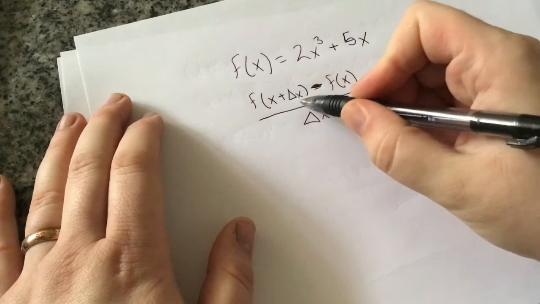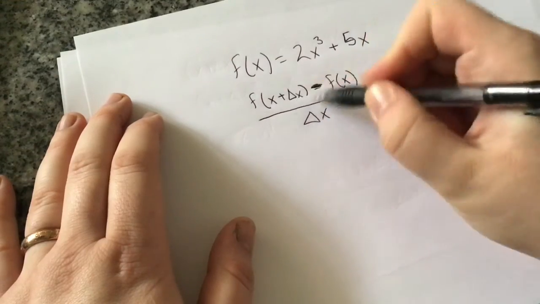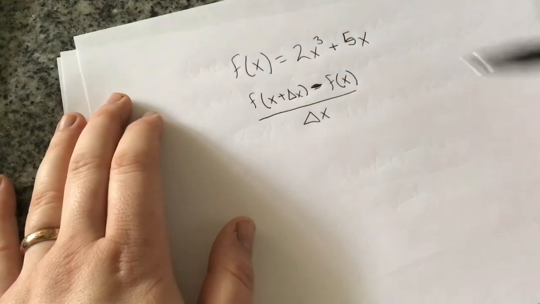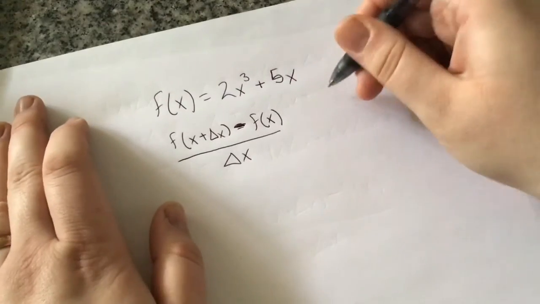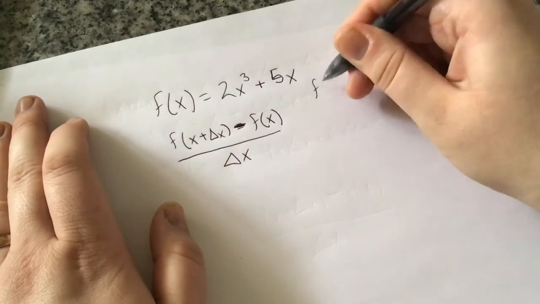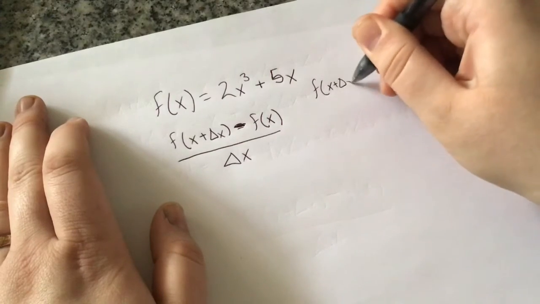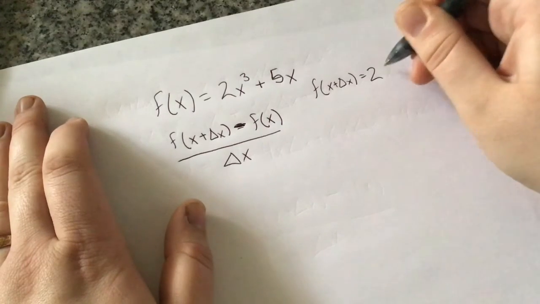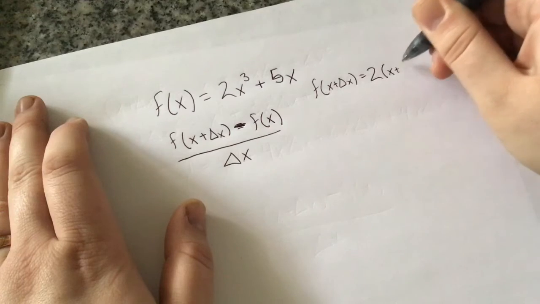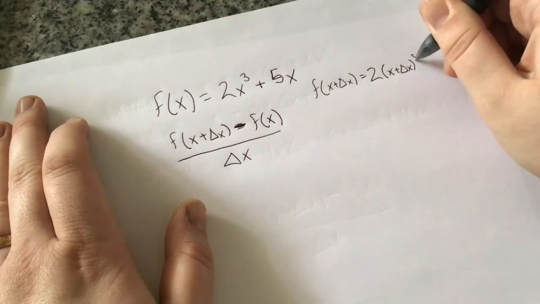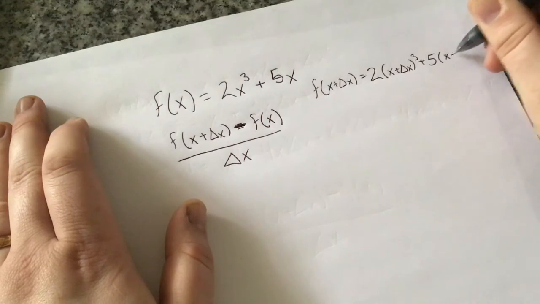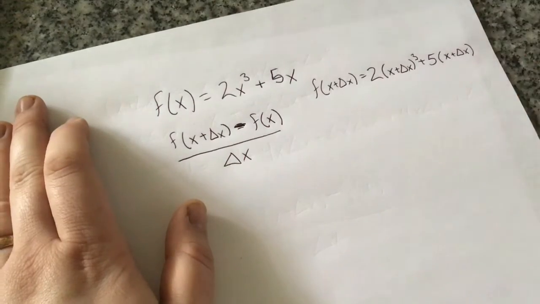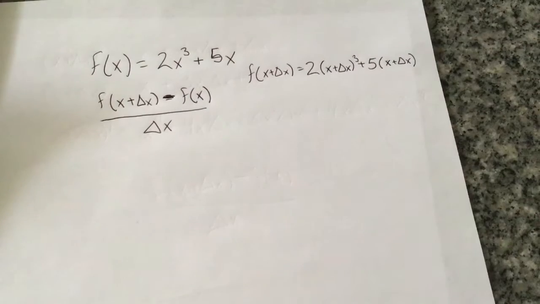I am going to begin by plugging in x plus delta x for x. That means my function is going to look something like this. f of x plus delta x would be 2 times x plus delta x to the third plus 5 times x plus delta x. That's what this is going to look like.